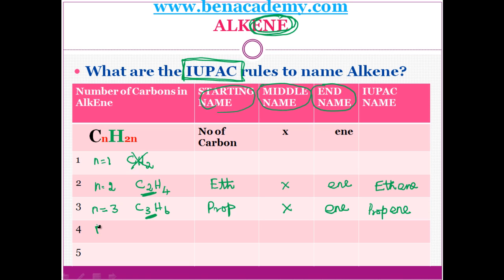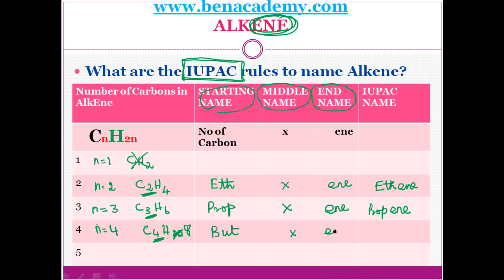When n is equal to 4, that is the number of carbons is 4, what will be the formula? C4H8, 2 times 4 is 8. Therefore, what is the starting name? The number of carbons is 4 here, so the name is but. And what is the middle name? There is no middle name.